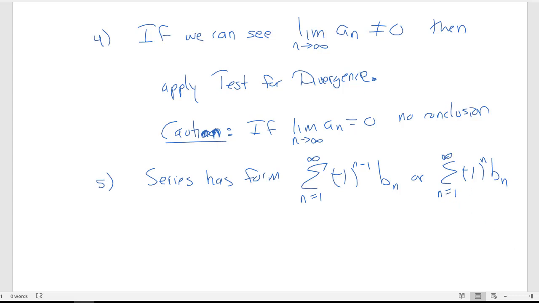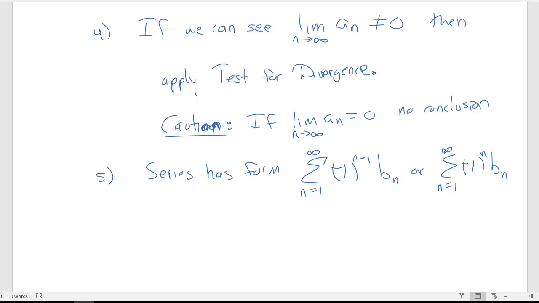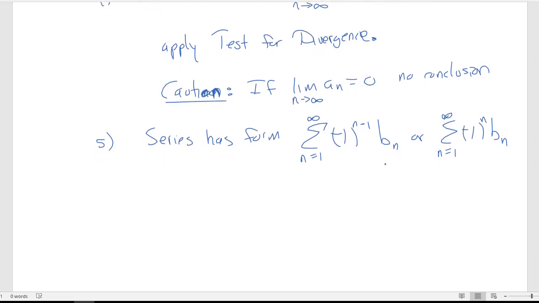The real thing is that the series is alternating. So what we do then is look at that b sub n. When we did this test, we looked at just the terms of the series that don't alternate, and we tested that. As long as it has this form where it alternates, we're going to use the alternating series test.